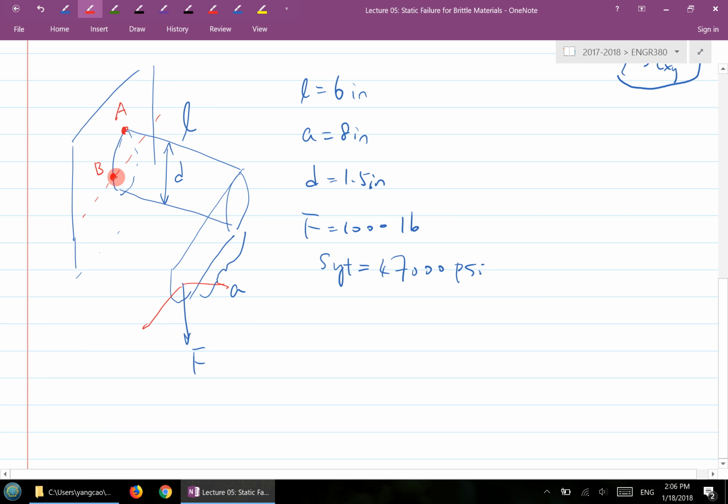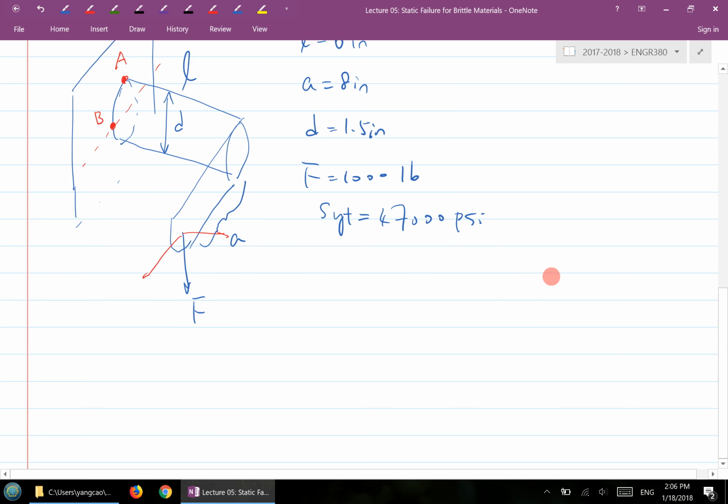Those two maxima are not necessarily the same, but we want to compare and see which is more critical. Is A more critical? Is B more critical? That gives us a conclusion to make use of in the future, so we don't always have to look at both locations, and just look at the more critical of the two.